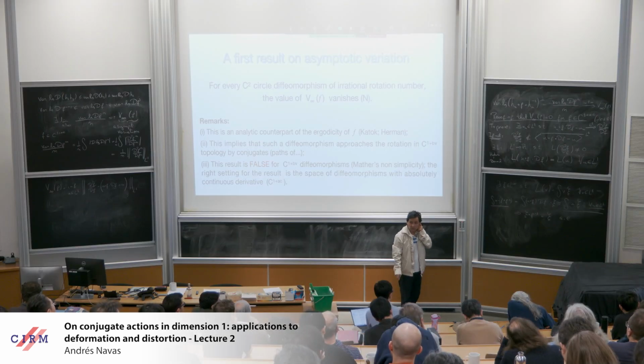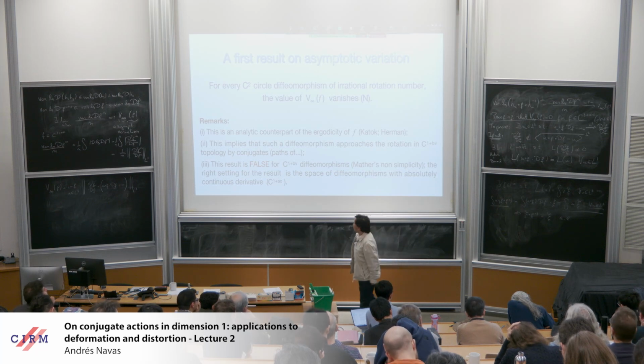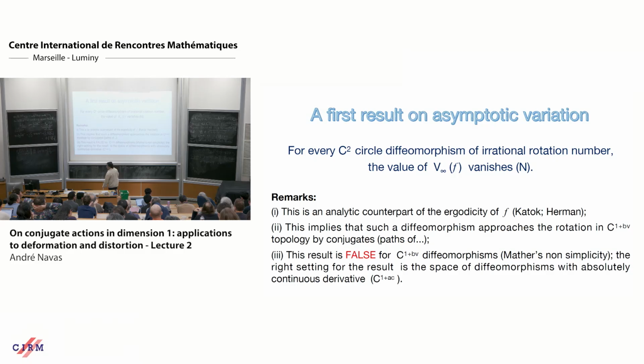But now there is a theorem, a very nice theorem by Katok and Herman, which says that if you have a circle diffeomorphism of irrational rotation number in the Denjoy class, then it is ergodic with respect to the Lebesgue measure.